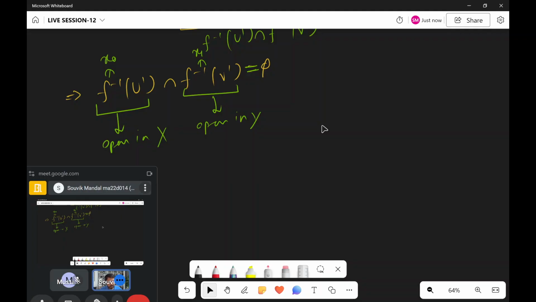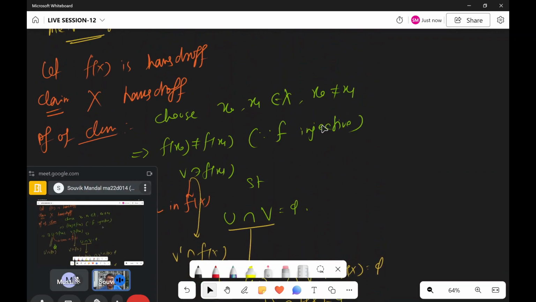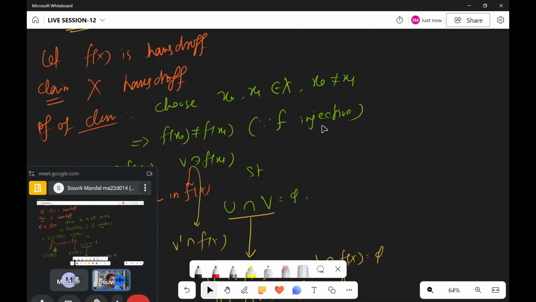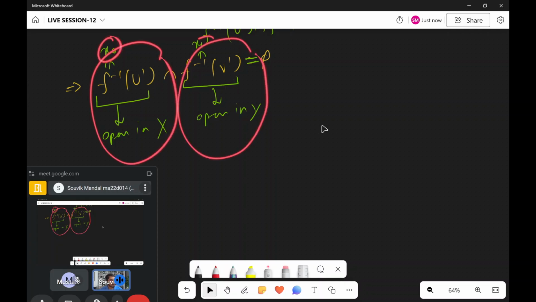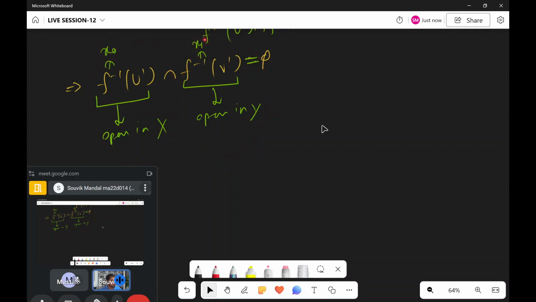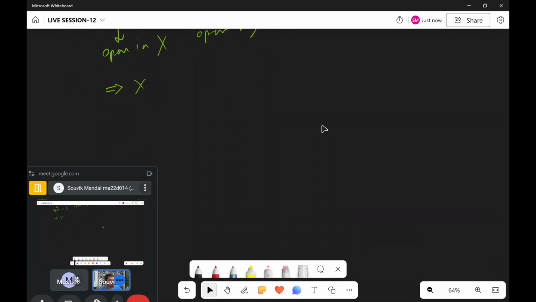Observe what we chose initially: two different points x0 and x1 of X. And finally we got two open sets containing x0 and x1 whose intersection is empty. This implies that X is Hausdorff.